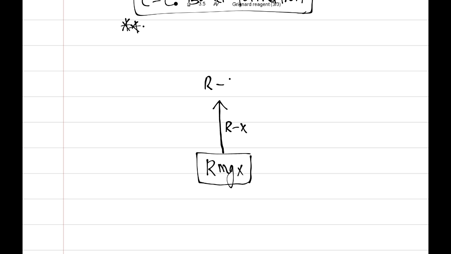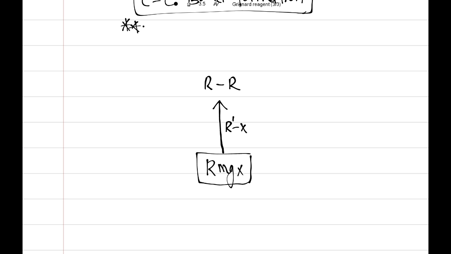Okay, right. The first one, look at this one. This is the RMgX. When this RMgX reacts with RX, I am taking this as R dash, we can get alkane formation.